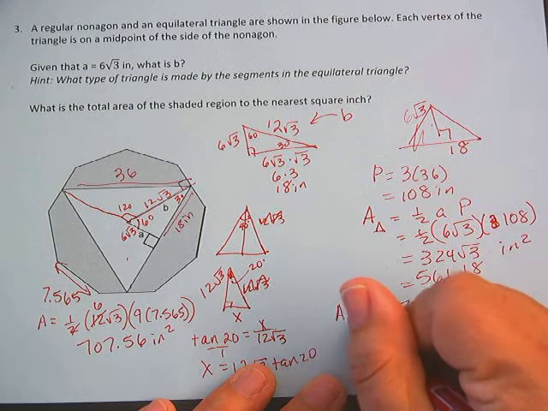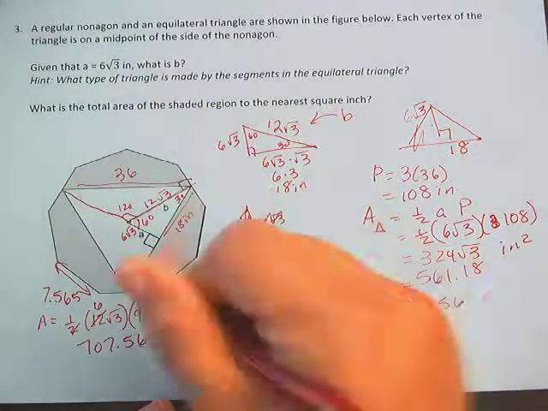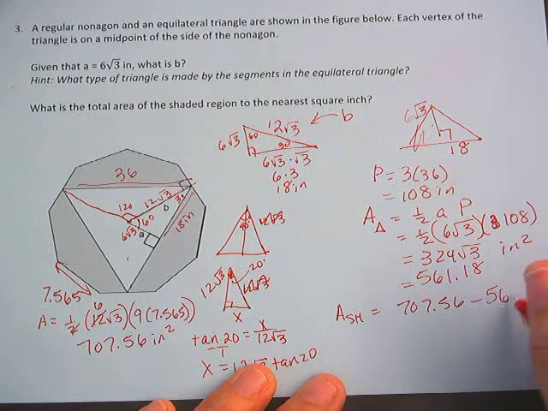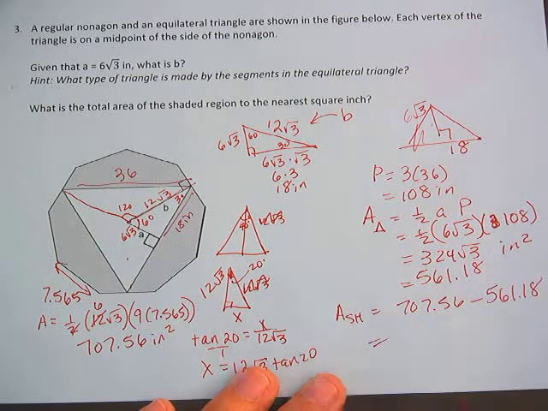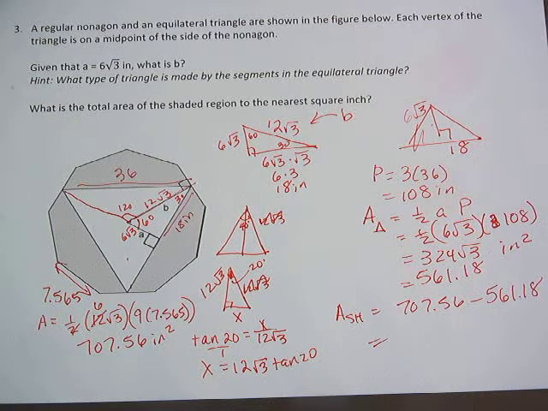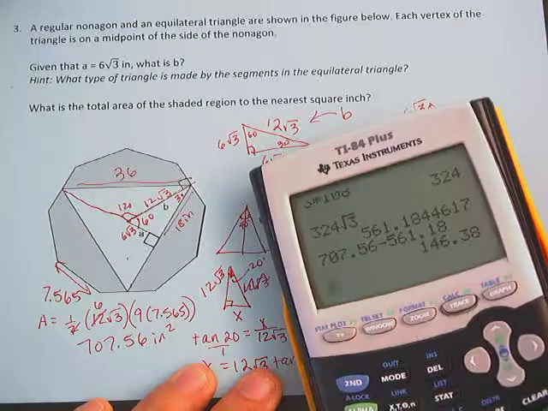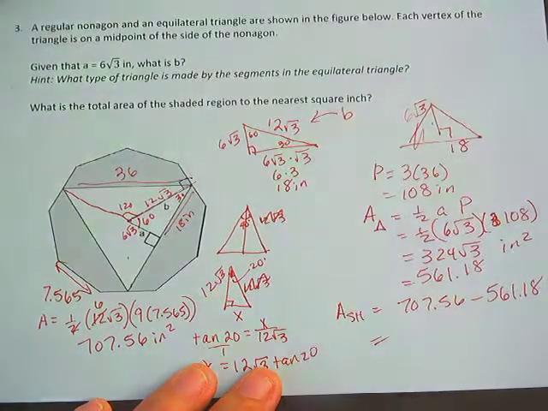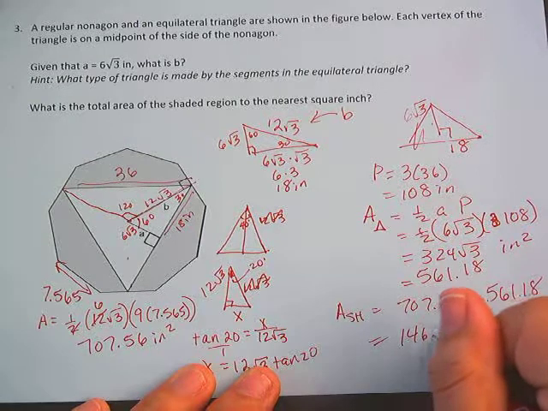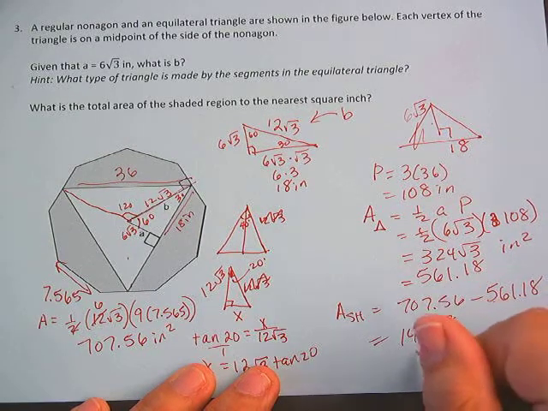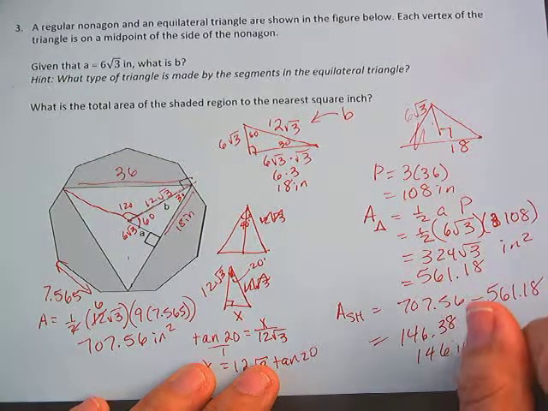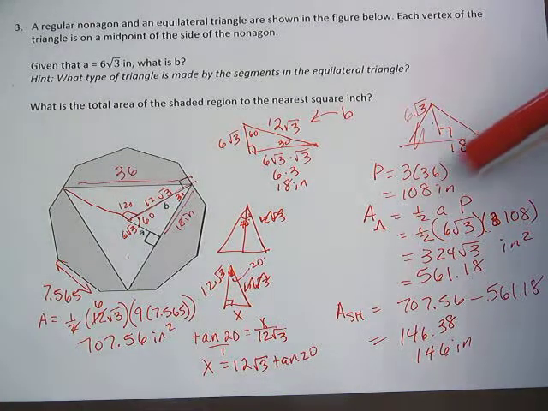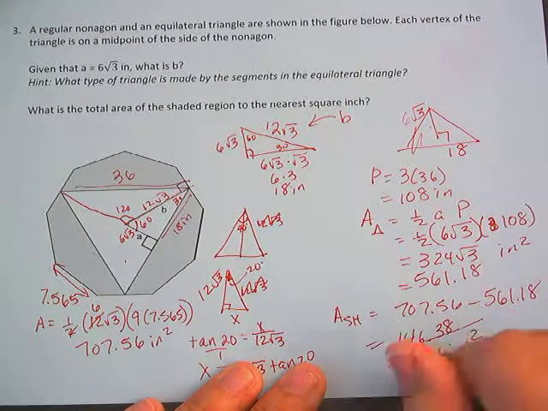So your area that's shaded is equal to the nonagon area minus the triangle area. I'm getting 146.38 if I put those numbers in correctly, and since it said to the nearest square inch, there's my answer, and we are done.